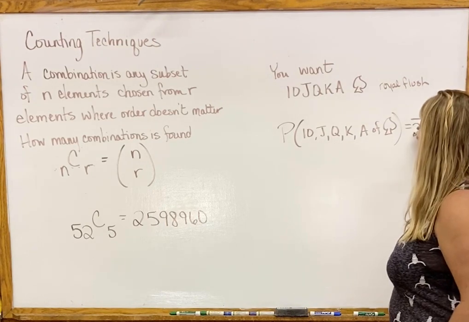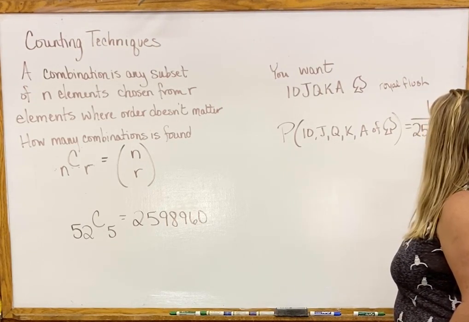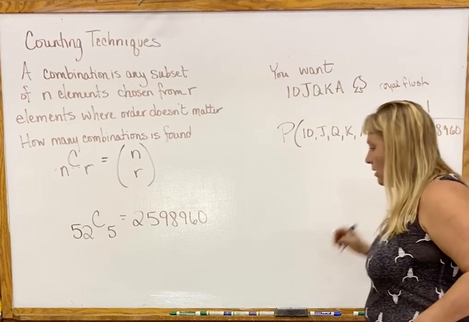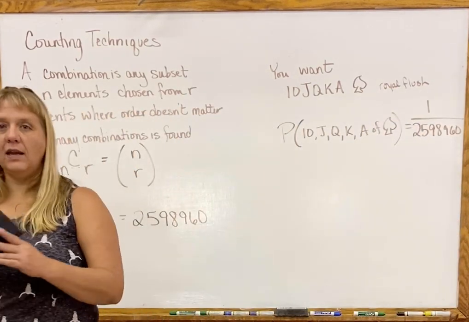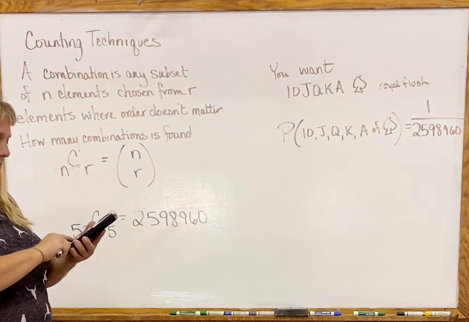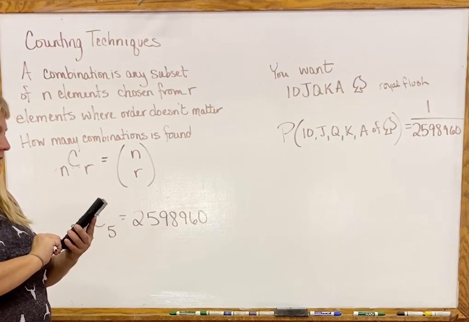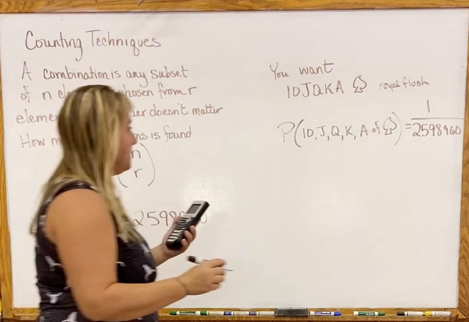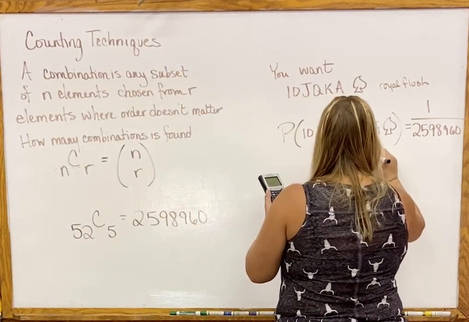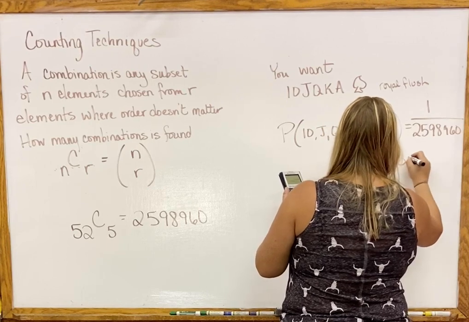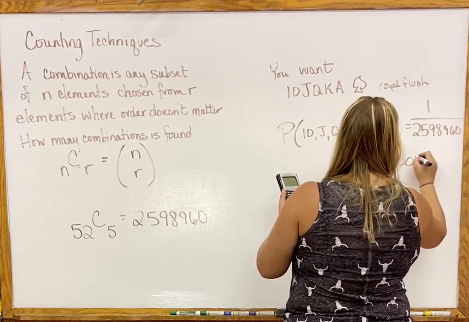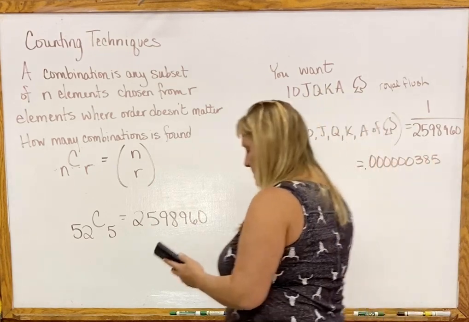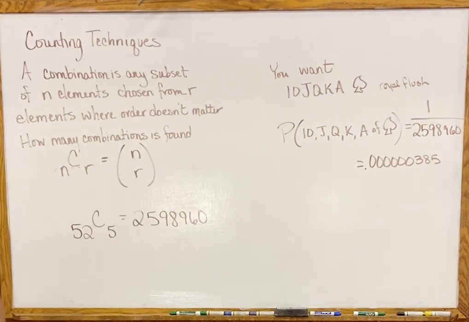That 2.5 million, so 2,598,960, which means the probability of getting your particular hand is 0.00000385. That's 5 zeros and then the 385. So a very small chance of this happening.